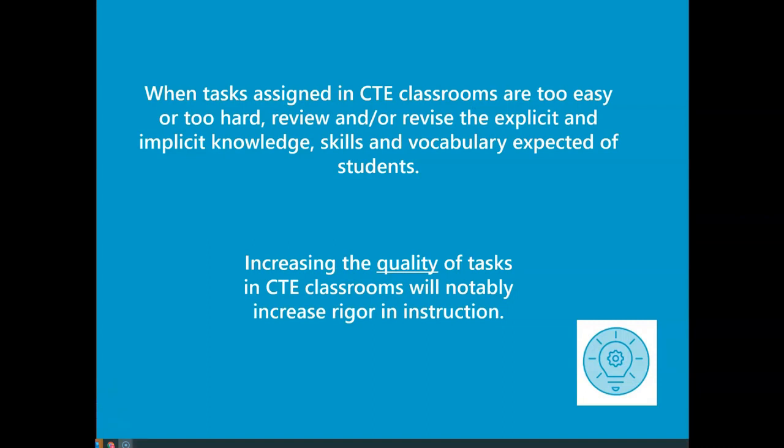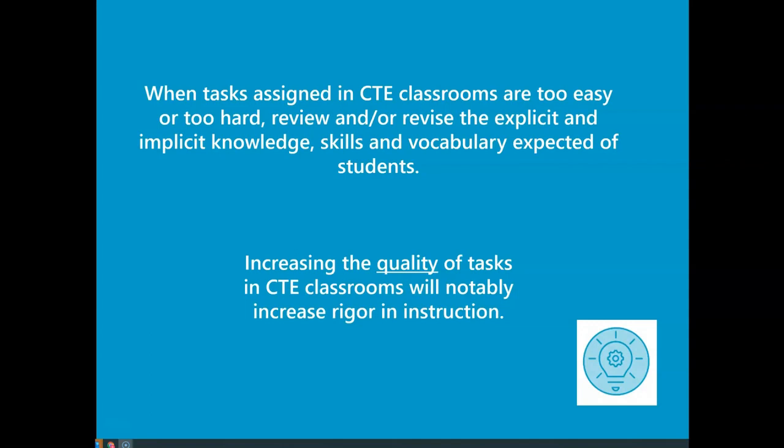Tasks in CTE classrooms sometimes have the Goldilocks and the Three Bears effect, in that they are sometimes too easy, or they require thinking and doing that isn't necessarily tied to the topic at hand, or they're too hard in that students are sort of thrown a really robust, difficult task without a whole lot of context or framing leading up to being asked to complete that.